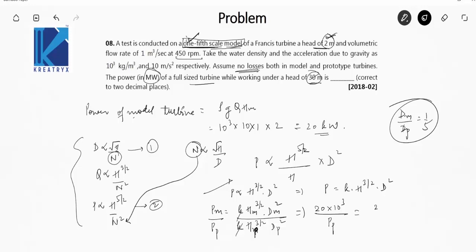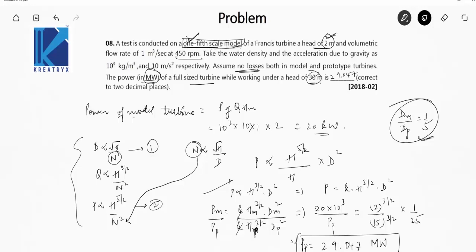It is hm, that is 2 raised to the power 3 by 2 upon 15 raised to the power 3 by 2, into 1 by 25. From here solve this, and you will get the power of prototype turbine as 29.047 megawatt. Be careful that you have to fill the answer in megawatt, so this will be 29.047 megawatt.